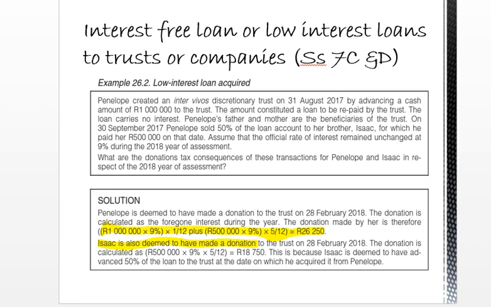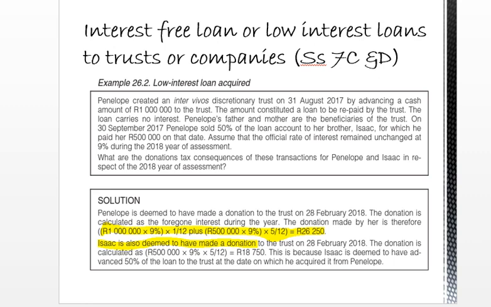So basically, if we look at the date, from the 31st of August to the 30th of September, so for 1 out of 12 months, she had the full 1 million rand loan.